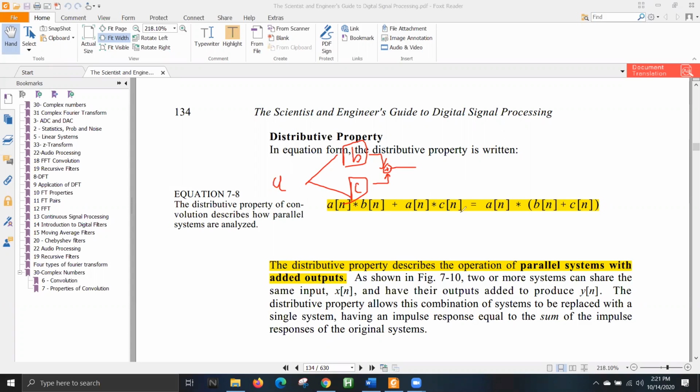This is equivalent to passing a[n] directly through the combined system that performs b plus c, and then it convolves with that to get the result. So the result will be the same in both cases. The result here and the result here will be the same. So this comes from the distributive property, and this one explains how parallel systems behave.